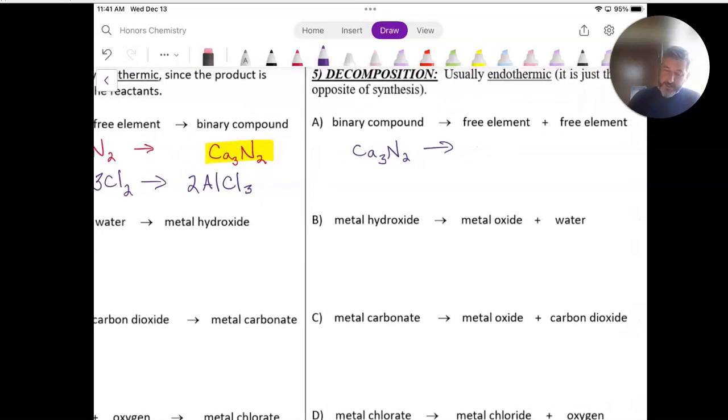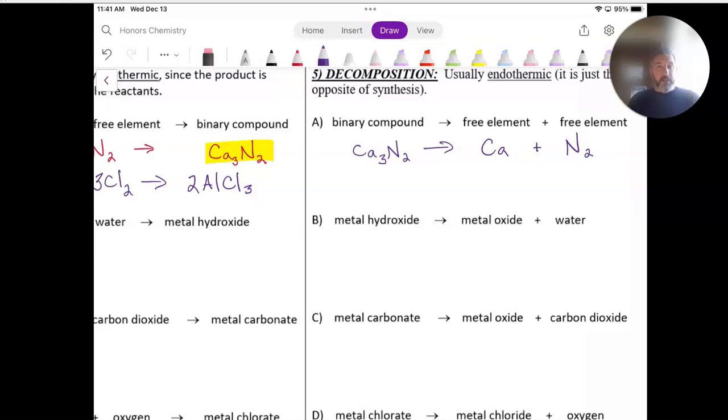So decomposition, to decompose, means to break something down, right? And that's exactly what we're doing here. Now notice, even though it's a free element, I have to write my Brinkelhoff elements with 2 subscripts. So N2 rather than just N. But the Ca can be by itself.